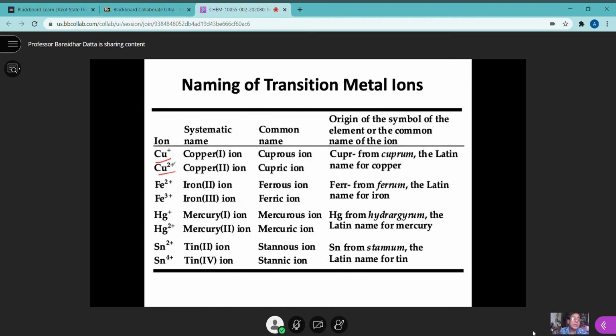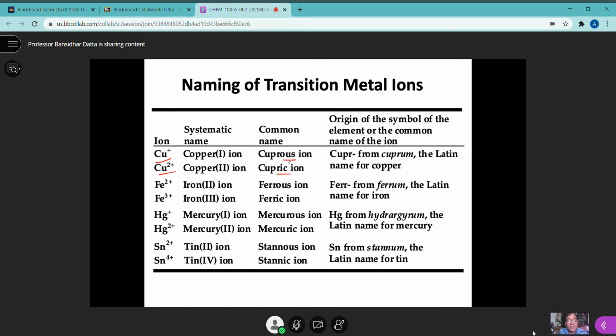Therefore they are important. How do you name them? Copper is a transition metal. It can have a 1 plus, called copper(I) ion, and copper 2 plus, copper(II) ion. There is also another common naming, cuprous or cupric.